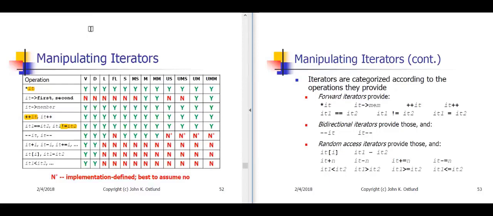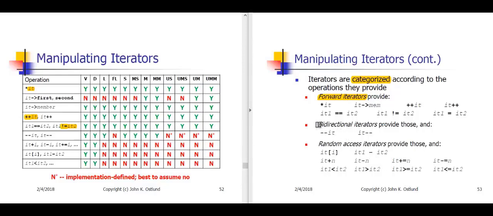But now let's take a look at various other things that we can do to interact with and manipulate iterators as well. It turns out that iterators fall into three categories. There are what are called forward iterators that allow you to step through the elements of a container in one direction, whatever the natural direction is, for whether you use begin for an iterator or rbegin for a reverse iterator.